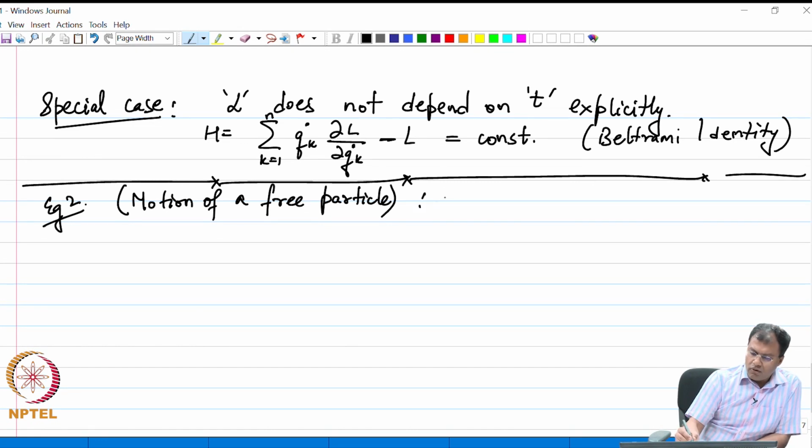To describe the motion of a free particle, let us define the coordinate vector of the particle.